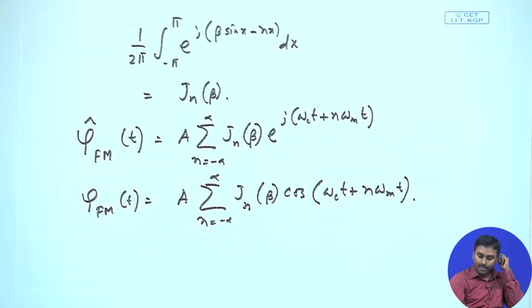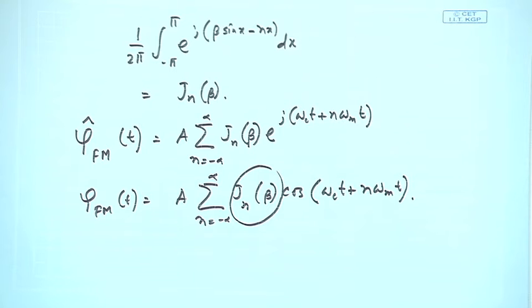So, you can see that it is actually creating, at omega_c I have something, and then plus n, minus n, all infinite terms it is creating. So, this is what is happening. So, again we can say probably the overall frequency content is infinite, because n goes from minus infinity to plus infinity, all of them will be populated.